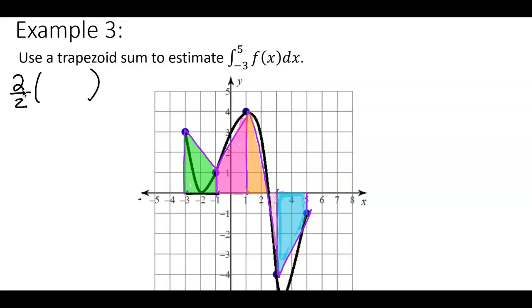Now, what are my bases? The bases are these ones. What are those bases? 3 and 1. There you go. Well, this is just 1, so we don't really care about that in this case. 3 plus 1 is 4, so we're good. There's the area of the green trapezoid.